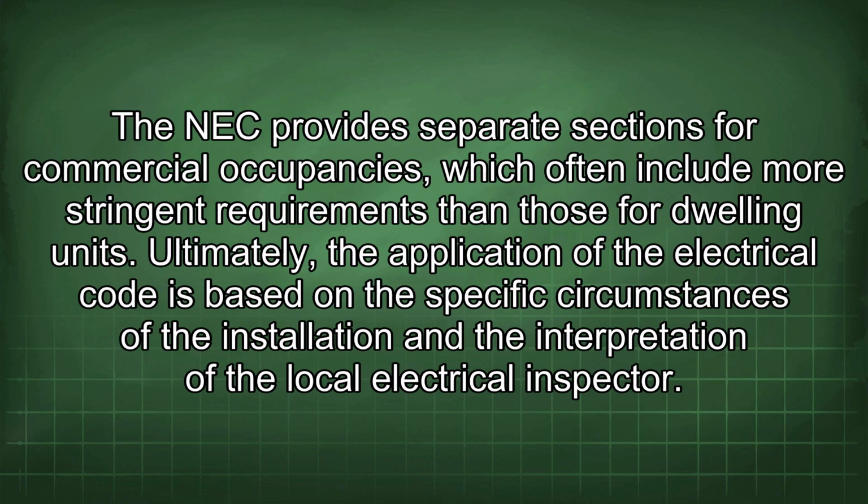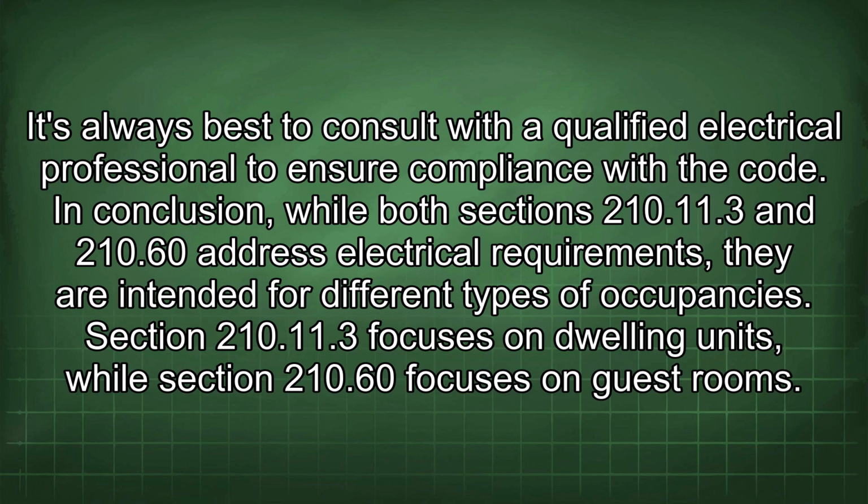The NEC provides separate sections for commercial occupancies, which often include more stringent requirements than those for dwelling units. Ultimately, the application of the electrical code is based on the specific circumstances of the installation and the interpretation of the local electrical inspector. It's always best to consult with a qualified electrical professional to ensure compliance with the code.